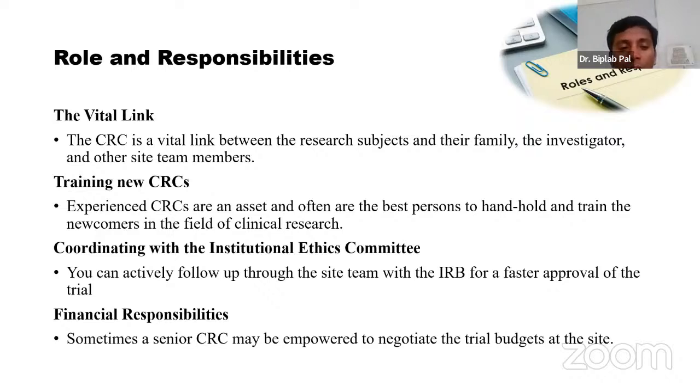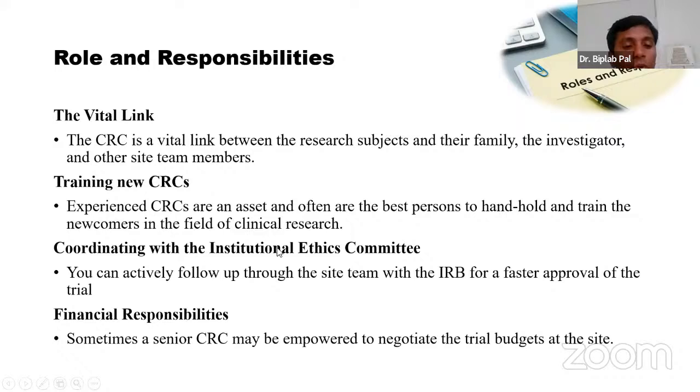The same clinical trial can even be multinational: one site in India, another site in the UK, another site in other countries. So we call it a multinational clinical trial. So a CRC is appointed, and he gives training to the different CRCs or new CRCs who were appointed recently.